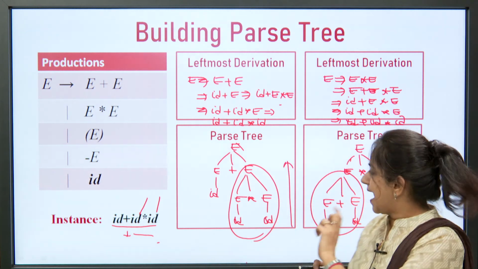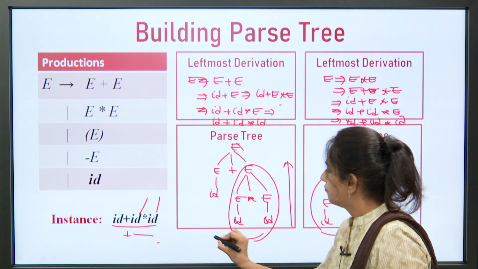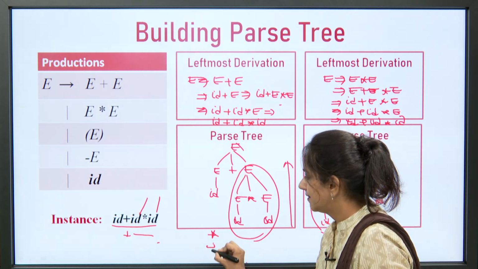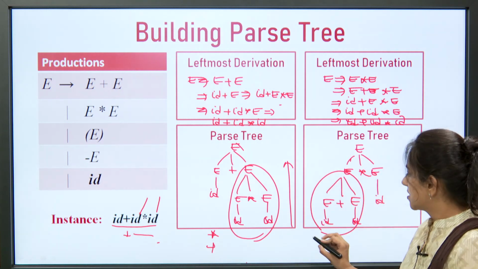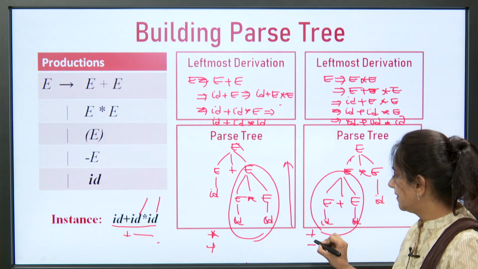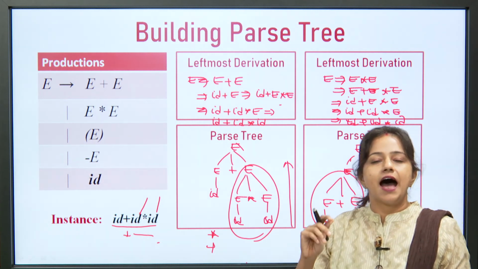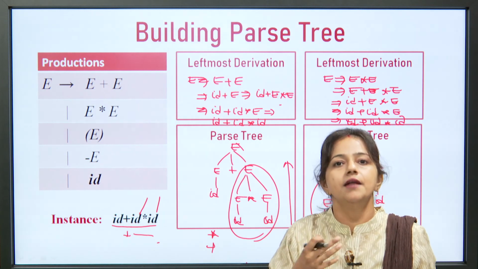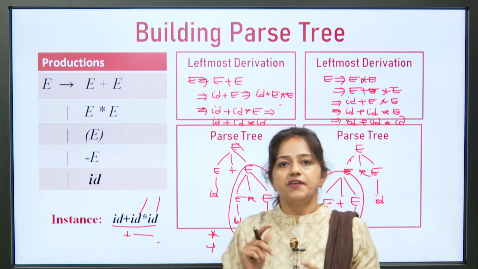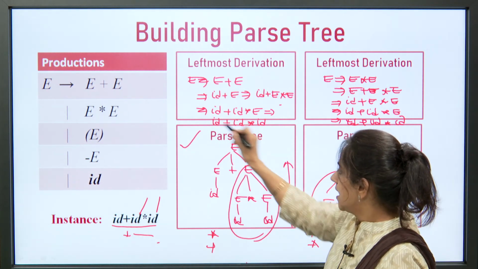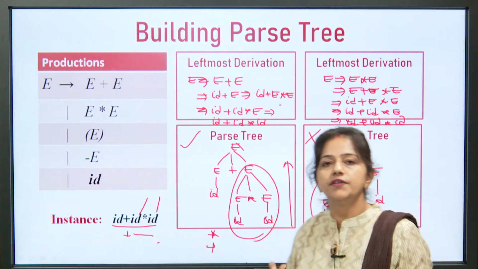So, this parse tree first does multiplication and then addition. This parse tree first does addition and then multiplication. So, after attaching associativity and precedence of the operator, we can select only one parse tree and we can ignore the rest of the parse trees.